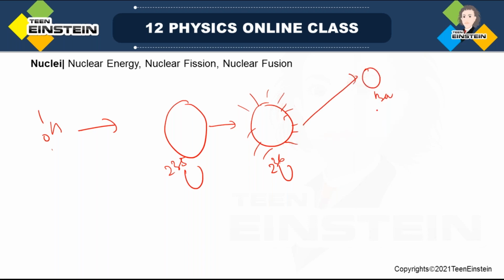One is barium and another one is krypton. Barium has mass number 144 and atomic number 56, and krypton is 89 and 36. Let me write it in a bigger font.